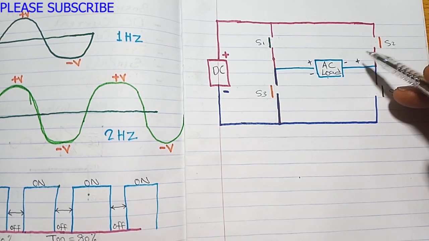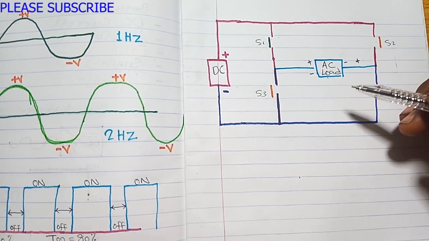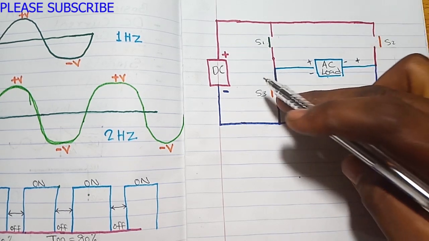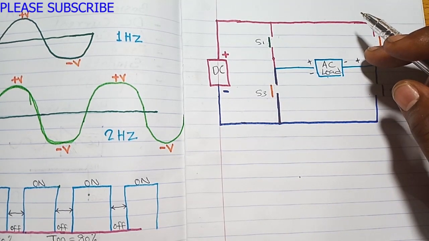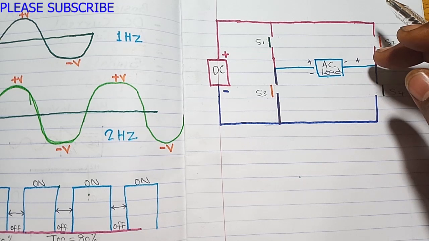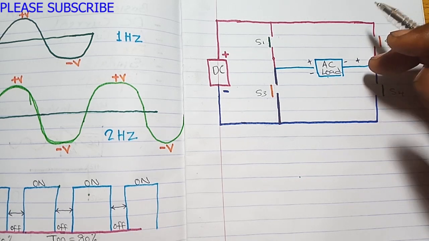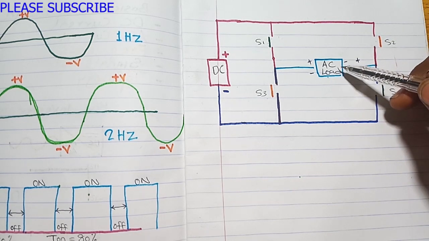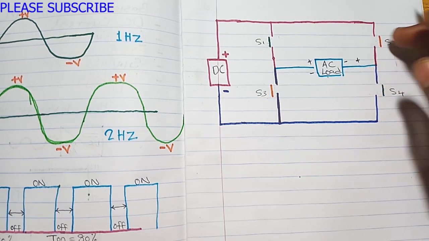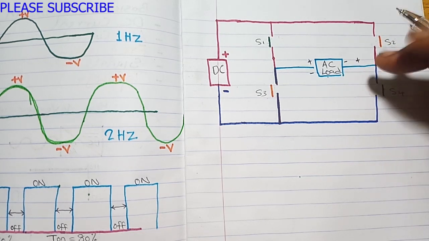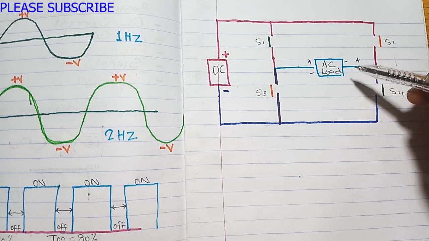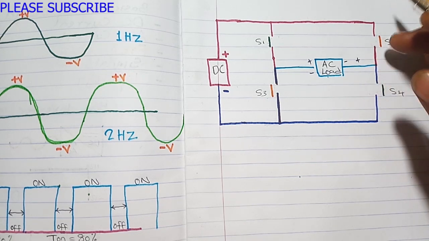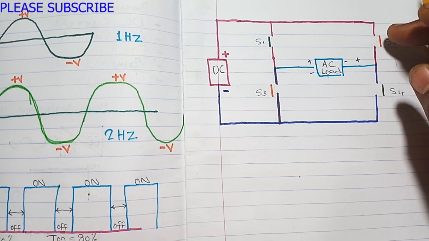And we human beings are not fast enough to control this switch up to 50 times a second, which is 50 Hz. You need to switch fast enough so that this load will not notice that the current is changing.